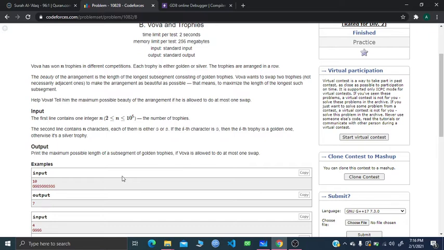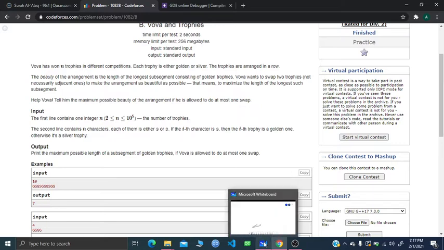We only have two characters, which means we can make some kind of group. One group will consist of only golden characters, the G characters, and the other group would consist of the silver ones.